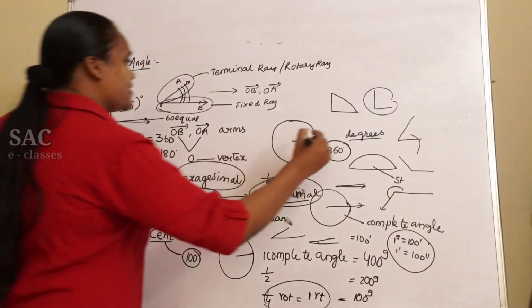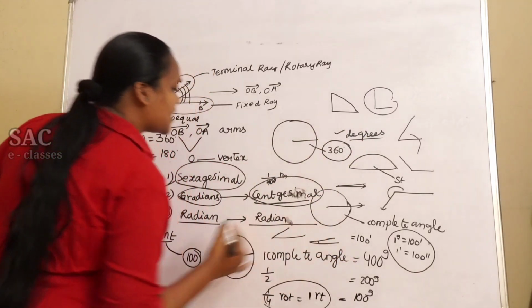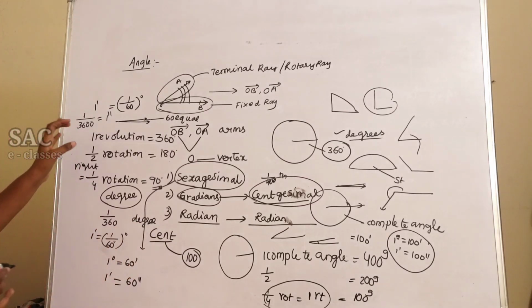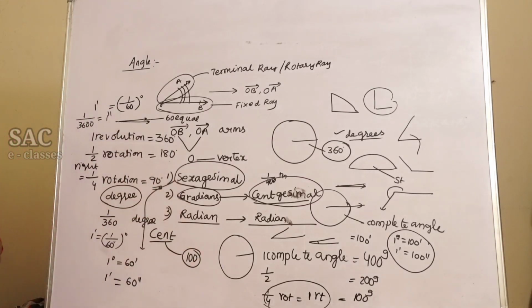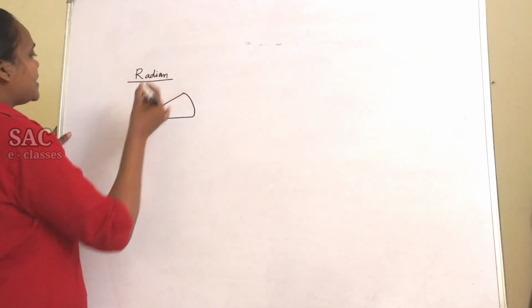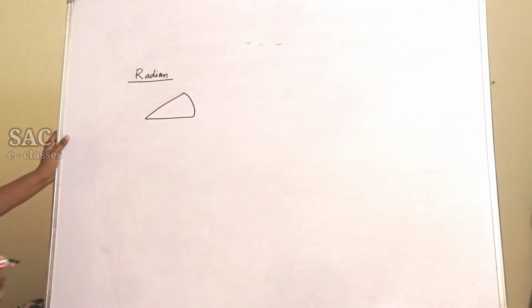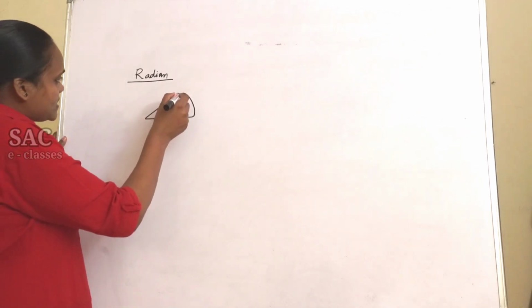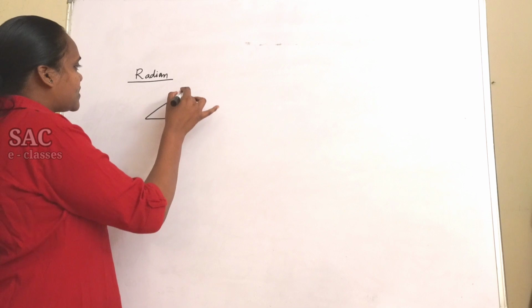We use obviously degrees. Then next one is about radian measure or circular measure, which is very important to you from the inter first year onwards. Let's start with what is meant by radian measure. Before learning about radian, at first you need to know what the sector of a circle is. A sector of a circle means the combination of two radii with an arc.